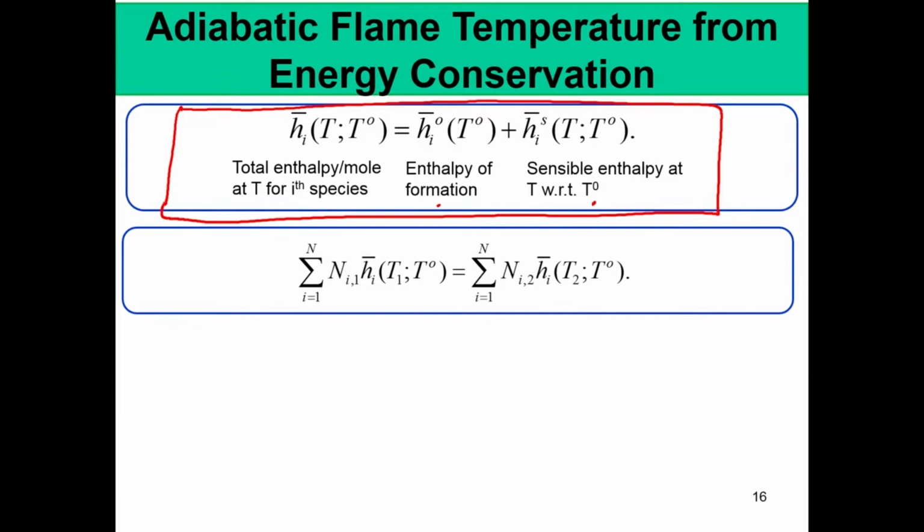There is no external energy coming from anywhere, you must remember this. So, it is essentially a rearrangement of the enthalpy between the enthalpy of formation and the sensible enthalpy that is happening in combustion.